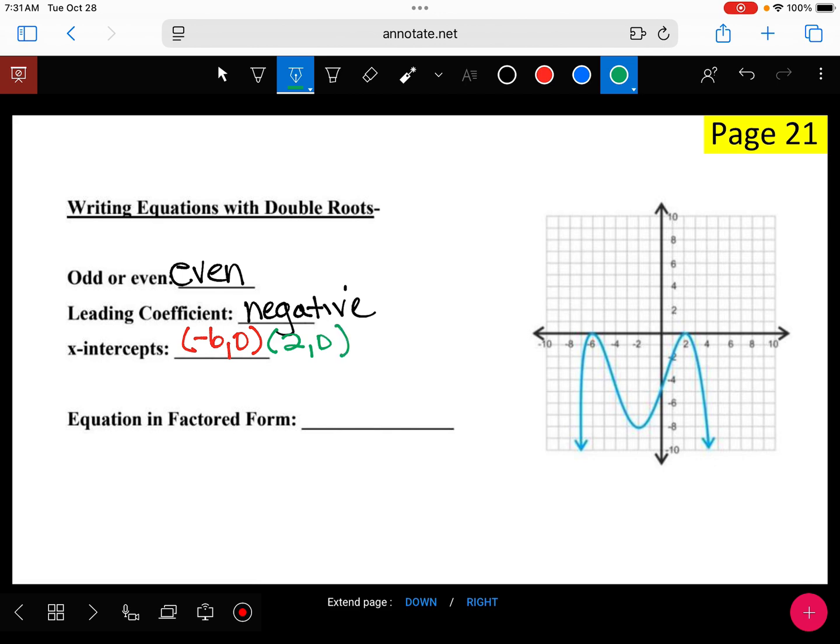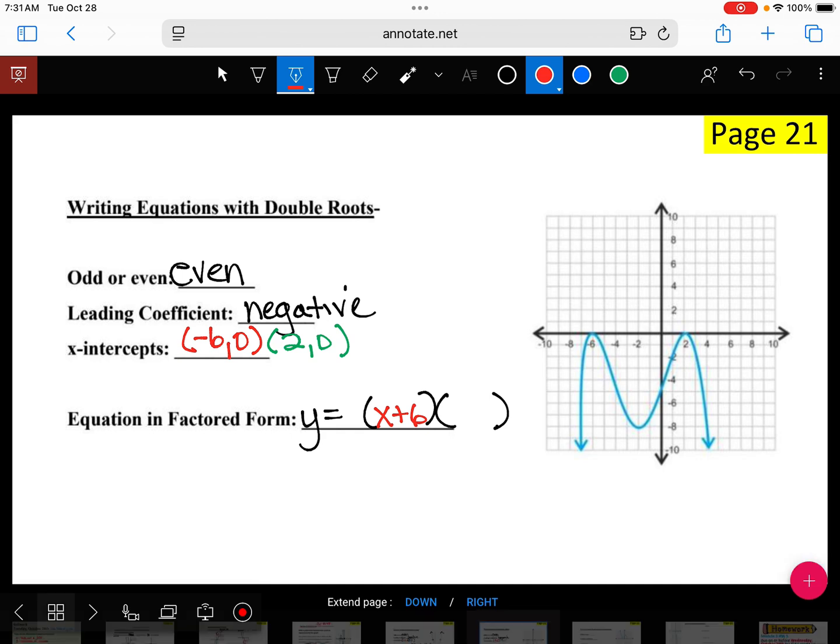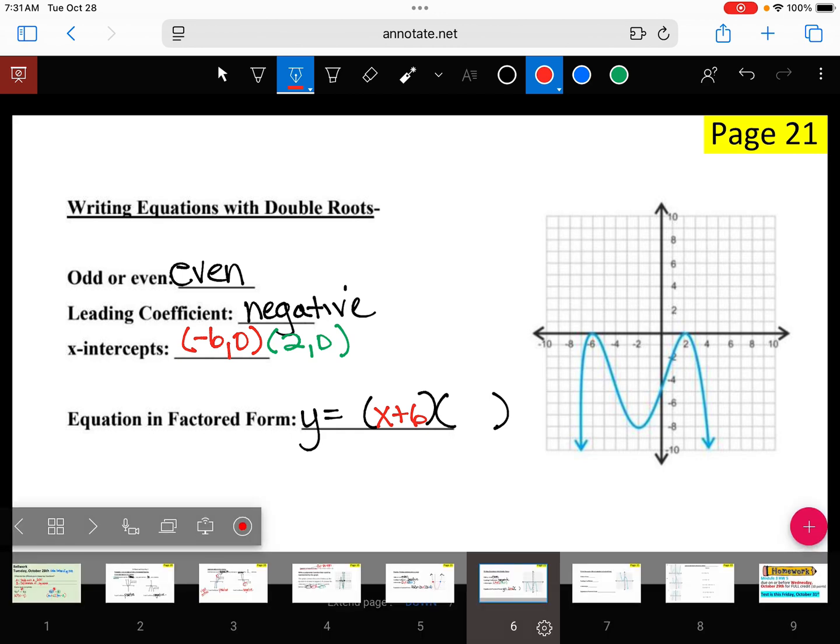All right, so now let's write our equation. Y equals, put your 2 parentheses. In my first parentheses, I'm going to put x plus 6 because you have to flip the sign. In the second parentheses, I am going to put x minus 2.